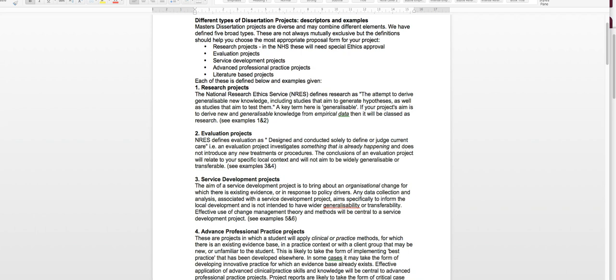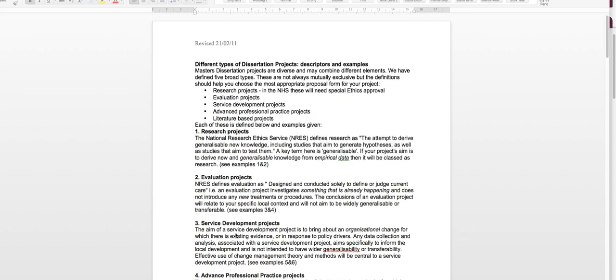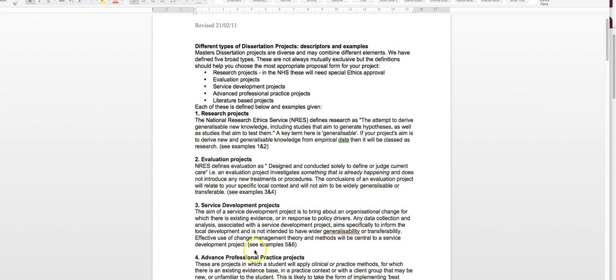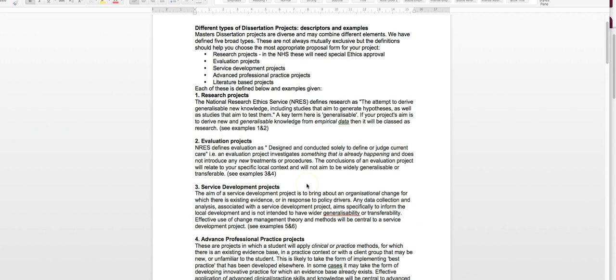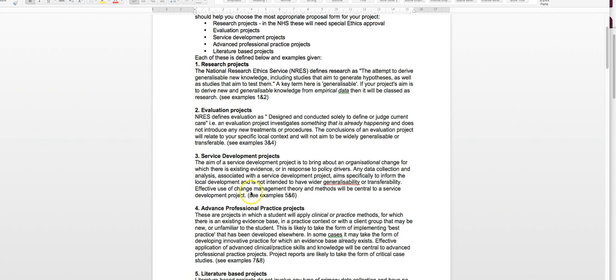I'm not going to read through each of these, but as you can see, there are 5 different types of project that you can conduct, and I would encourage you to have a discussion very early on with your supervisor and also the R&D department within your centre or institution to determine where your project is going to fall. If it falls into one of these top categories, then you will need to liaise with your R&D department, and it will involve completing some paperwork with them and getting some approvals from them.